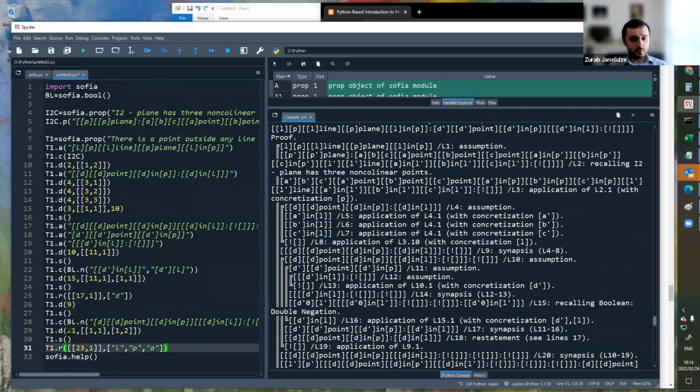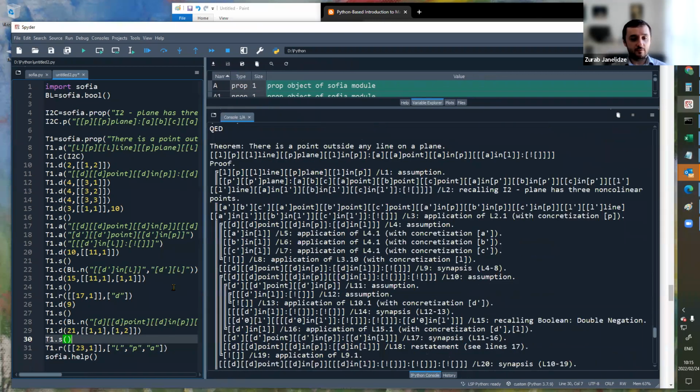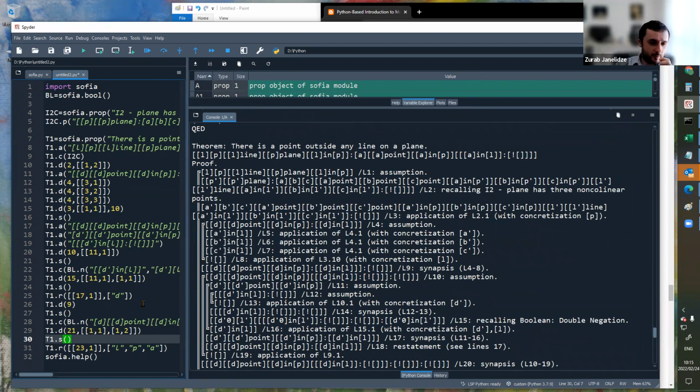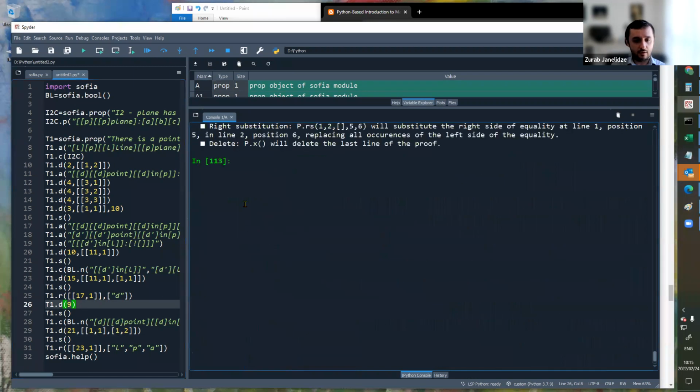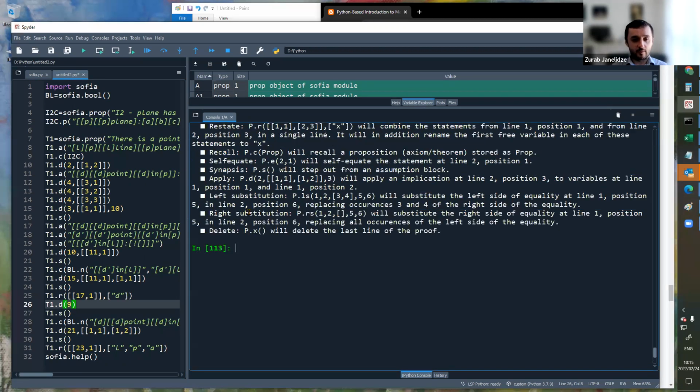Here it doesn't make sense to use it because we can just delete it. But sometimes you can't do that in Python. If I had been typing my commands here, when I move to the next line, I can't delete the previous line anymore. So if I want to delete the previous line of the proof, I would then use this.